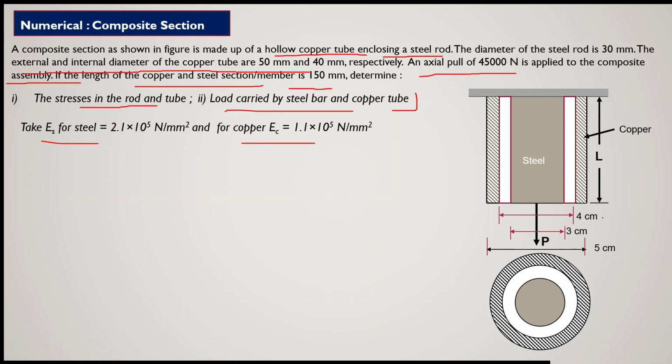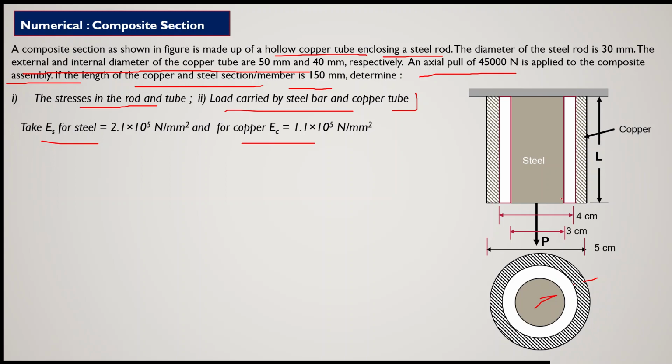The internal diameter is given as 40 mm, and inside we have put a steel rod, and they are joined at the bottom, so that they act as a single member, a composite section. The length of the composite section is L, and the cross section will look like this: this is copper and this one is steel, and this white portion will be the hollow portion.